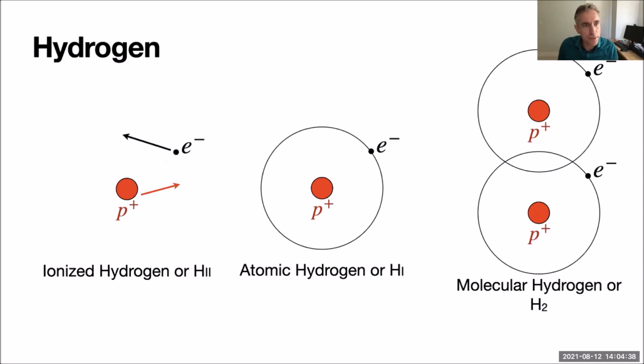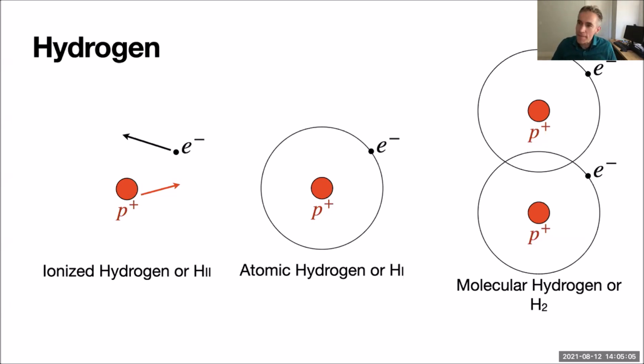As a preamble, I wanted to talk about hydrogen and just sort out what I mean when I'm saying different things. This is a high school physics cartoon of hydrogen. In the center of your screen, you'll see a plot of atomic hydrogen, a proton and electron stuck together. We'll call that often H I, which is a spectroscopic notation where that I is a Roman numeral.